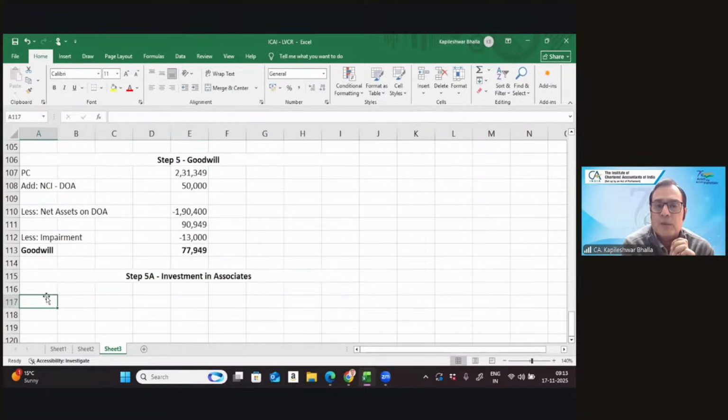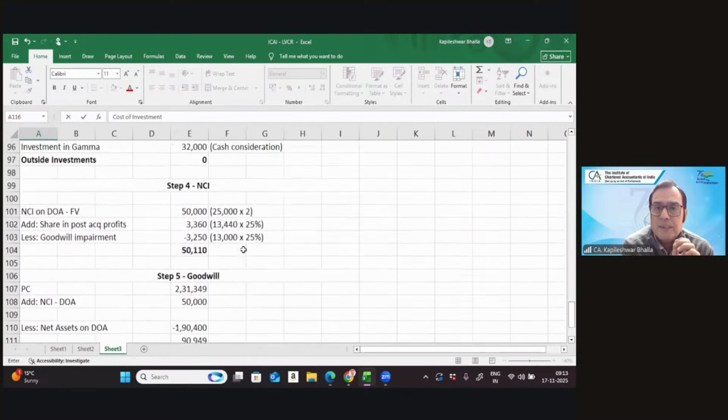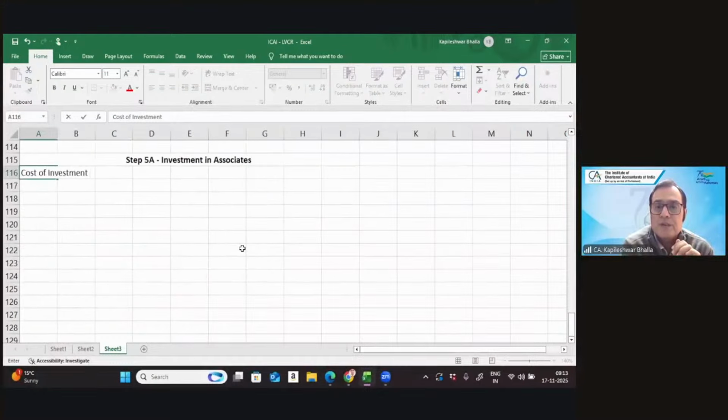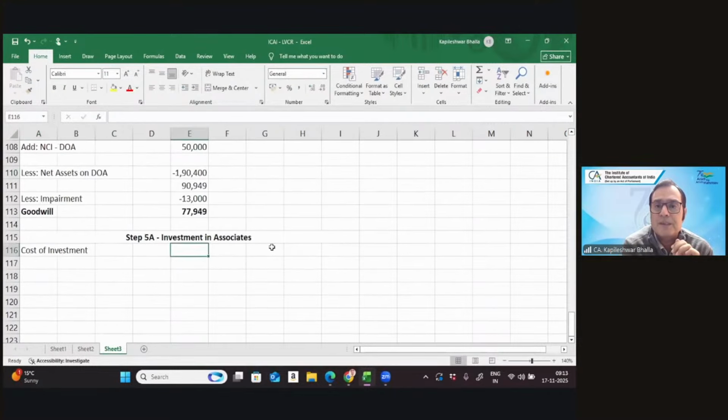So since it's going to be a one-line consolidation, we need to capture the investment as one line. So let's see what was the cost of the investment. So that we've got the breakup in the PC. 32,000 is the cost of the investment.